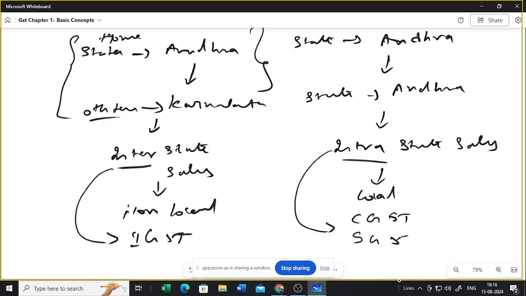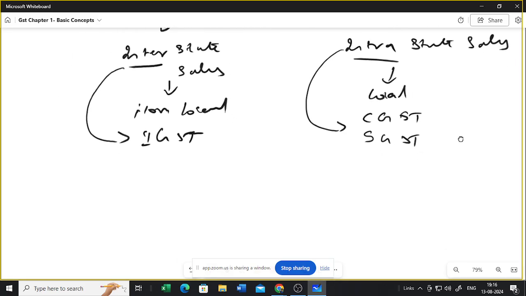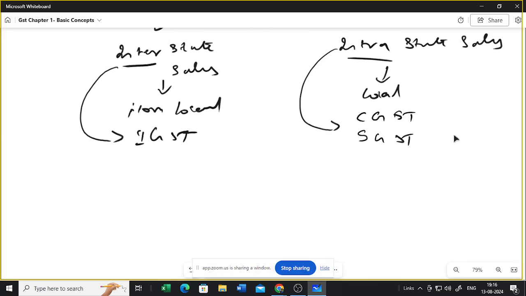So two types of taxes we should have in our bill. When you see any tax invoice, if you find only IGST, what can you call this? You can call this a non-local bill. You can identify that bill. They have purchased those goods from another state. When you see the bill, if you find CGST and SGST, what you should understand is that they brought those goods within the state.